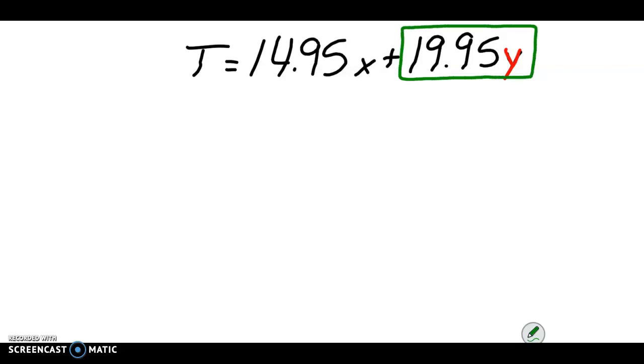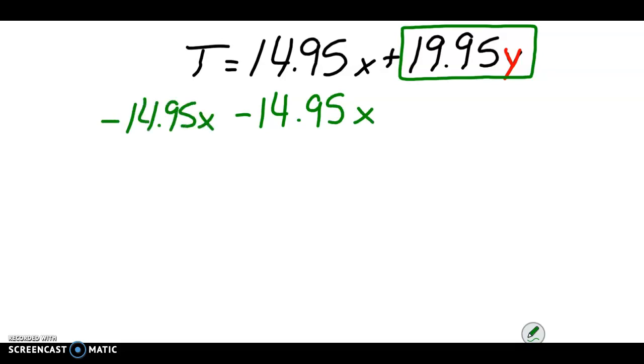The first thing I need to do is fully remove everything that does not have to do with the y term. So I am going to subtract this 14.95x from both sides, minus 14.95x. Okay, that's going to cancel. And then I am going to have to leave it uncombined. I can't combine the t with the x term because they're different variables, okay?